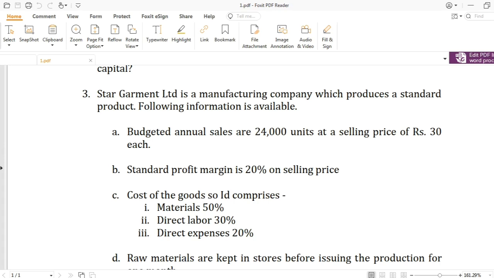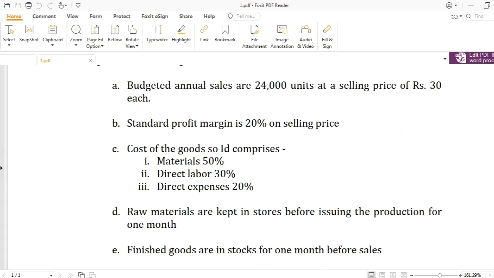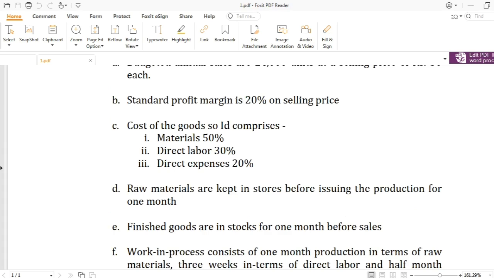Standard profit margin is 20% on selling price. So 80% is cost plus 20% standard profit equals selling price. Cost of the goods sold comprises materials 50%, direct labor 30% and direct expenses 20%.